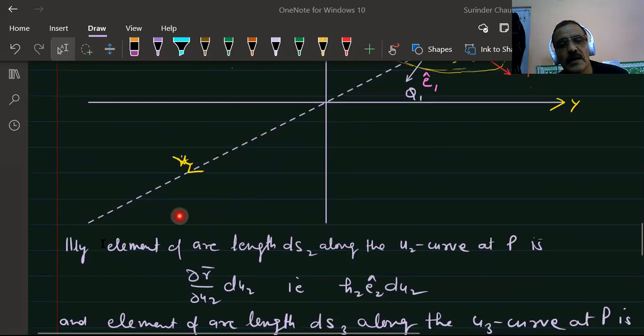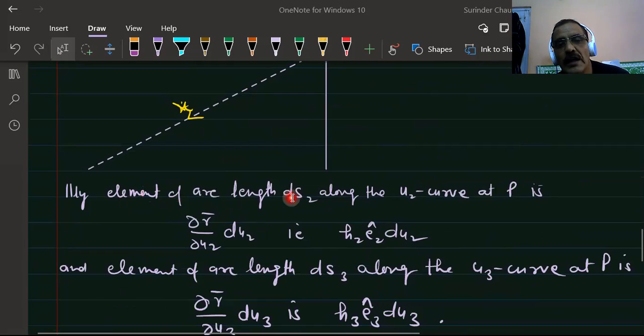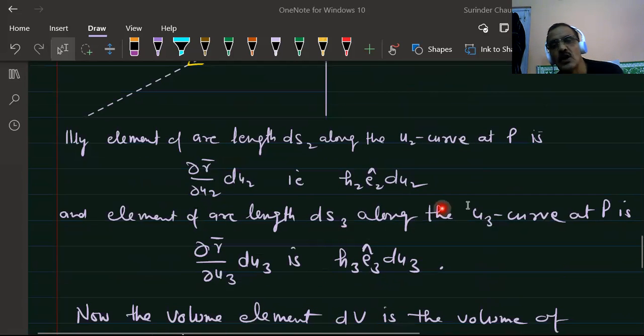Similarly, the element of arc length ds2 along the u2 curve at point P is given by h2 du2 e2, and the element of arc length ds3 along the u3 curve at point P is given by h3 du3 e3. These involve the rate of change of the position vector along each du direction.